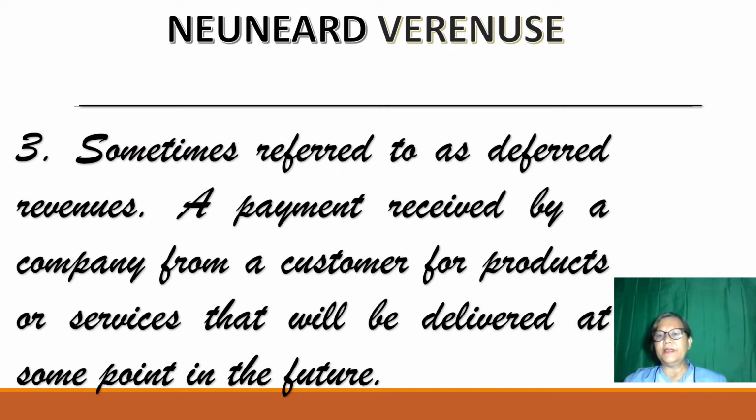Number 3, sometimes referred to as deferred revenues. It is a payment received by a company from a customer for products or services that will be delivered at some point in the future. What's your answer? Yes, Martin? Very good.